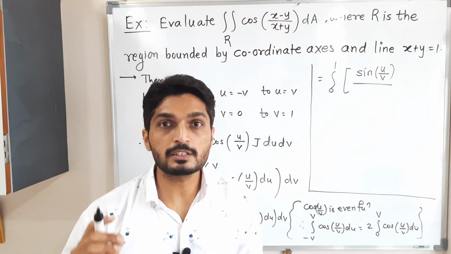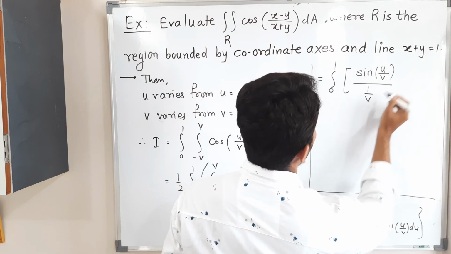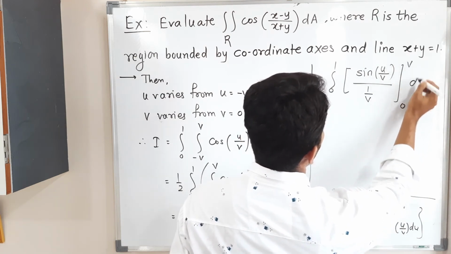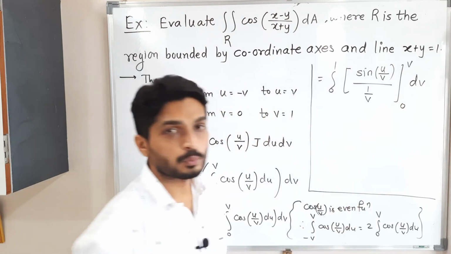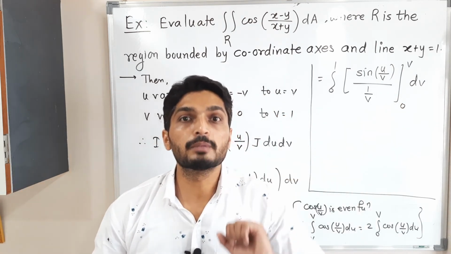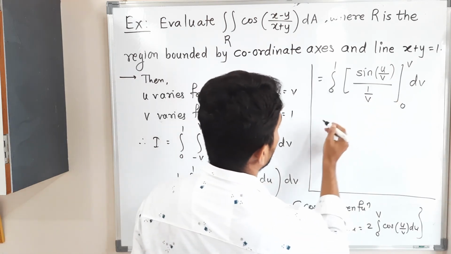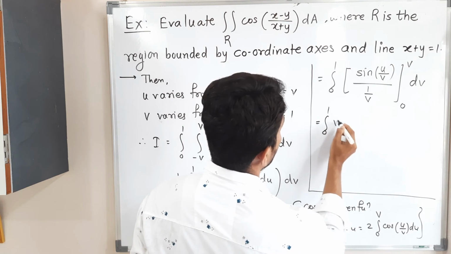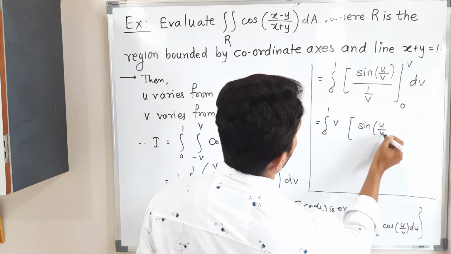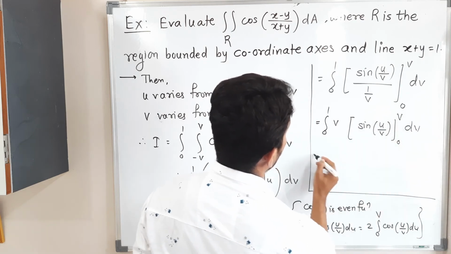So 1 by v is a constant and we should write 1 by v at the denominator, with limits 0 to v, dv. So this v is in the denominator of the denominator, so it will move to the numerator. As well as it is a constant, you can take it outside, only for the inner integral and not for the outer integral. So v is a constant, I am taking it outside, and sine(u by v) having limit 0 to v, dv.